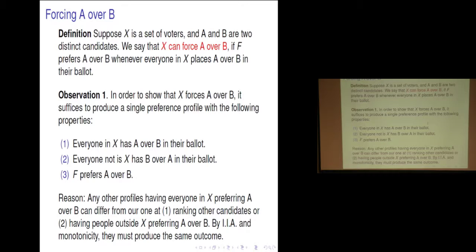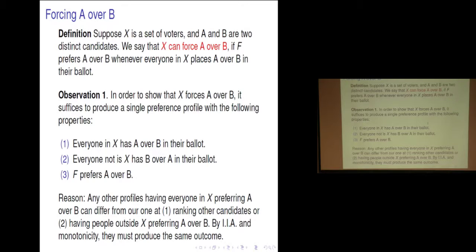First, everybody in X has A over B in their ballot. Second, everyone else will have B over A in their ballot. And in this situation, F goes with X. F prefers A over B. So suppose we have one situation that F goes with X, then we can conclude X forces A over B. Is the statement clear?